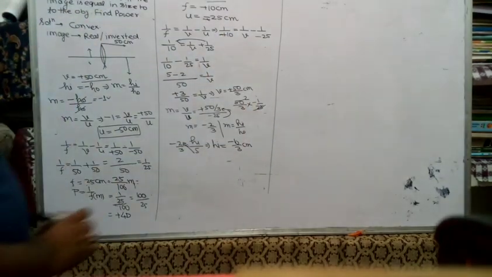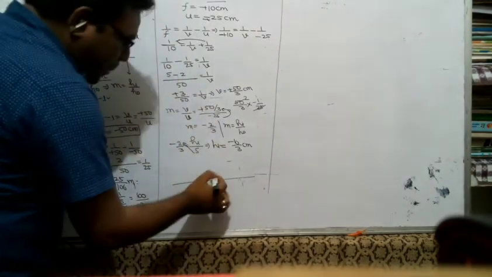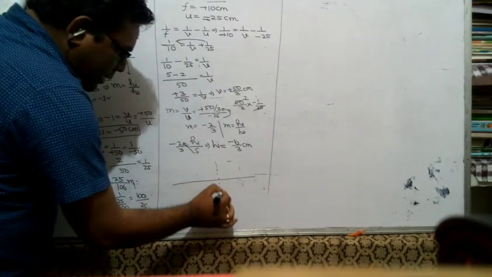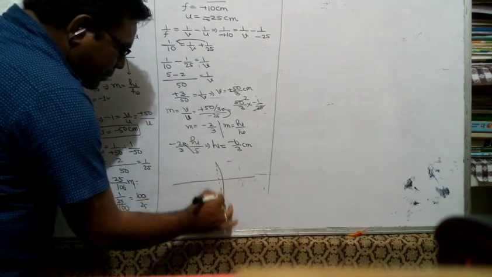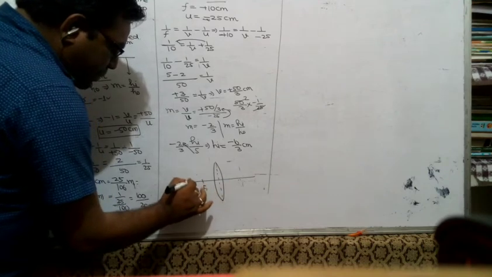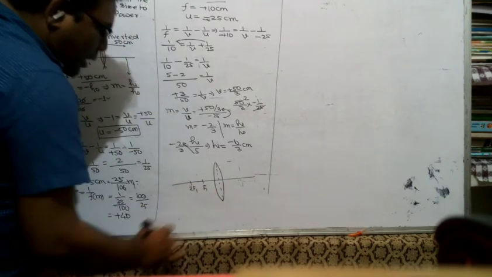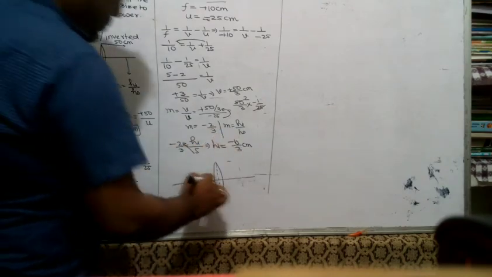Now draw the diagram. Look at it. This is a convex lens. Here is f1. Hi is equal to minus 10 by 3.